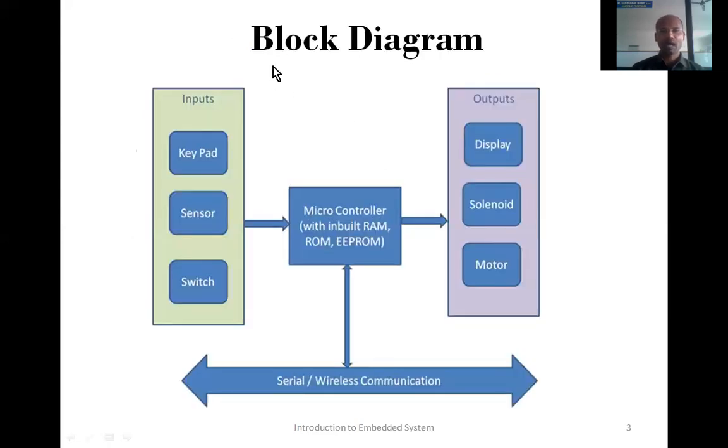This is the block diagram of embedded system, and in the center box here, it is labeled microcontroller. Microcontroller is the heart of embedded system. We know microprocessor, but this is new term, microcontroller. The difference between microcontroller and microprocessor is microprocessor contains CPU, central processing unit, right?